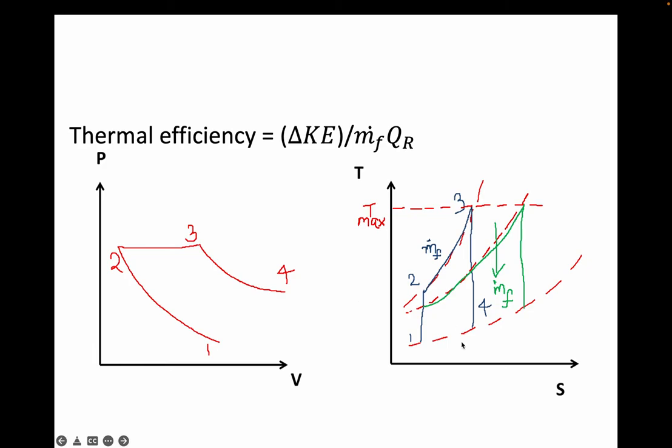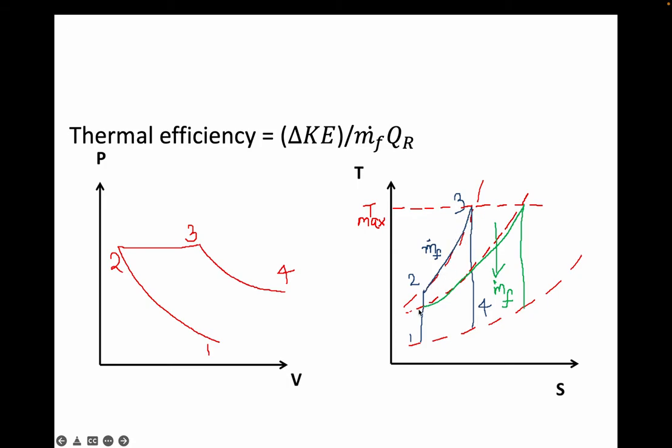Okay, so here you can see that in the TS diagram I have drawn two cases. Case 1 is where we go from this red line, which is the ambient pressure line, to the green curve. This green curve demarcates the lower operating pressure ratio, and the blue curve is the higher operating pressure ratio.